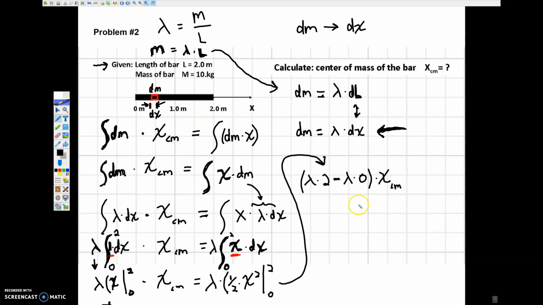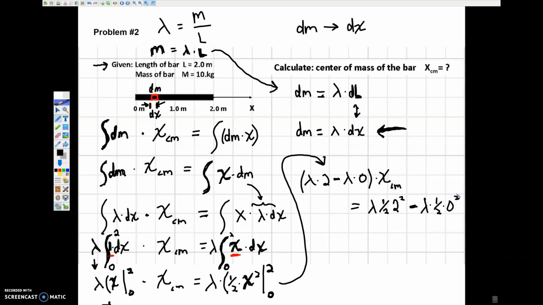And then that's going to be equal to the right-hand side, which is going to be lambda. And now I put that 2 in for the x. And what do I get? 1/2 2 squared minus, if I put in the 0 for the x, lambda times 1/2 times 0 squared, which is just 0.